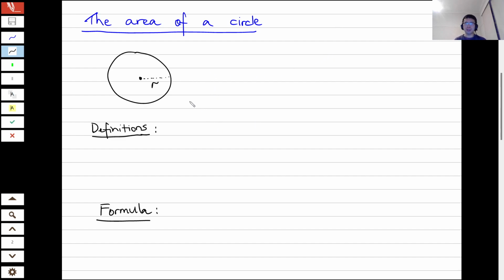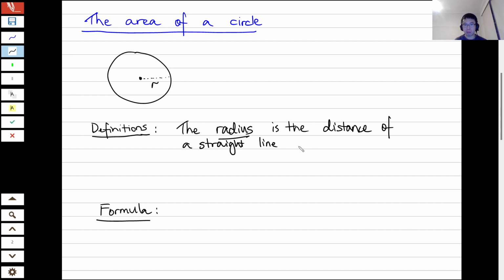So here's a circle and I've labeled a very important piece of information, R. I need to define what this means. This is the radius, and this is the distance of a straight line from the center to any point on the circle.